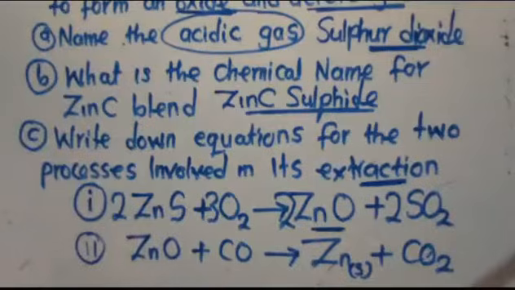What you need to know is that for carbon to be used as a reducing agent, it must be more active in the reactivity series than the element it is reducing. In the case of aluminium, the reason why carbon cannot be used to reduce aluminium oxide to aluminium is because aluminium is more reactive in the reactivity series than carbon.